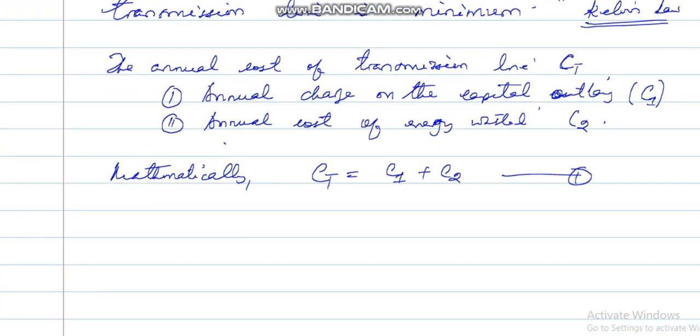Okay, this is equation number 1. Sawa. Kwa hiyo sasa tuanze kuangalia hizi annual charge on the capital outlay ni nini, annual cost of the energy wasted ni nini. Tuanze na annual charge on the capital outlay.